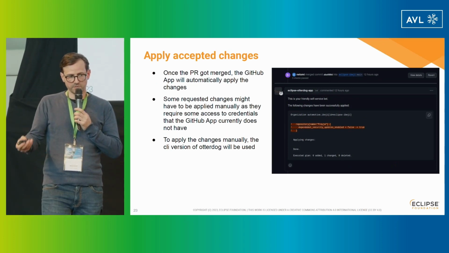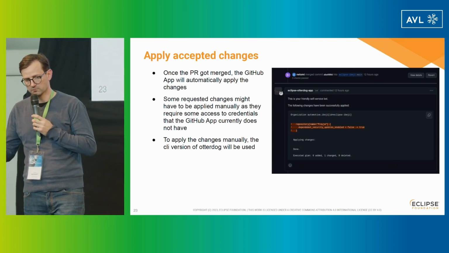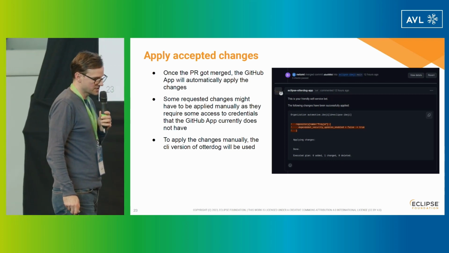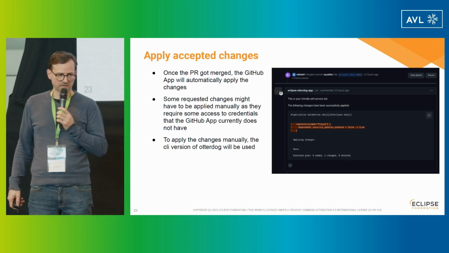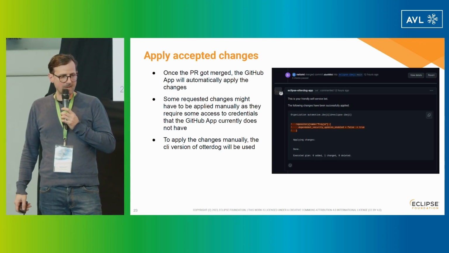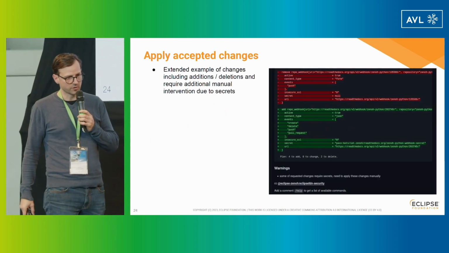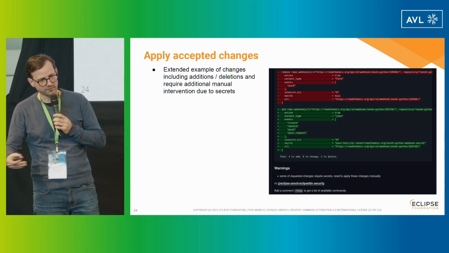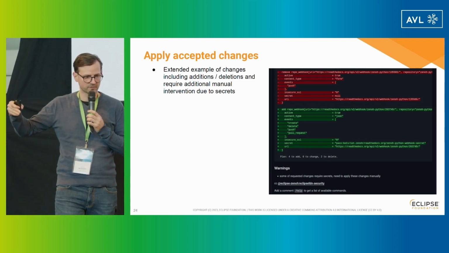So once the PR got merged, so far it was mainly by us, so Eclipse Foundation staff, then the changes are getting automatically applied by the GitHub app. Here you see an example of the more extended changes, where a repository is added, a webhook is added, and another webhook is deleted.